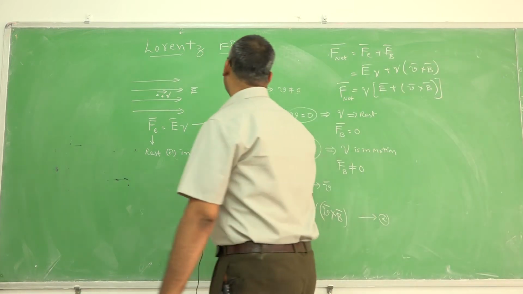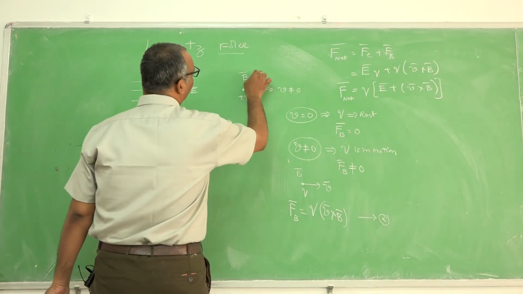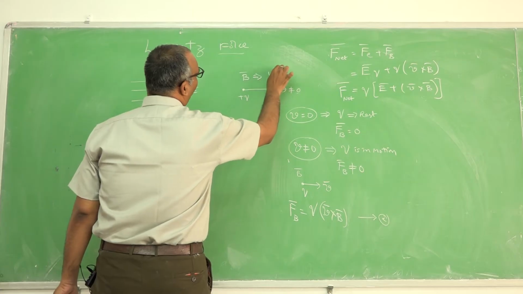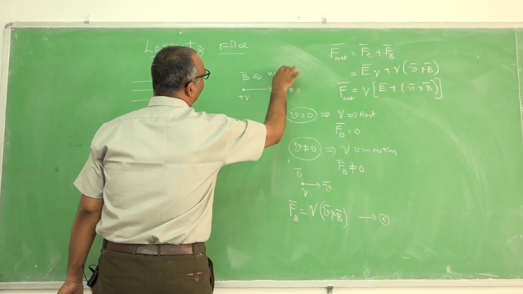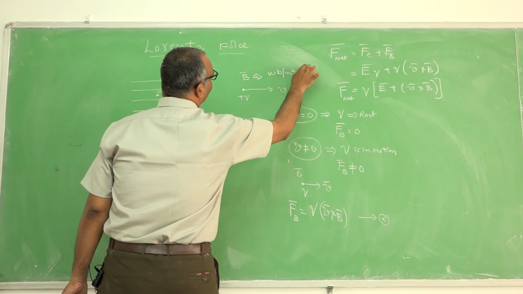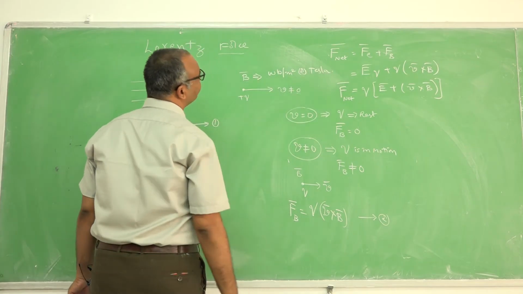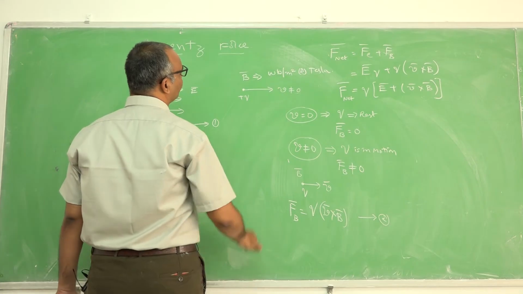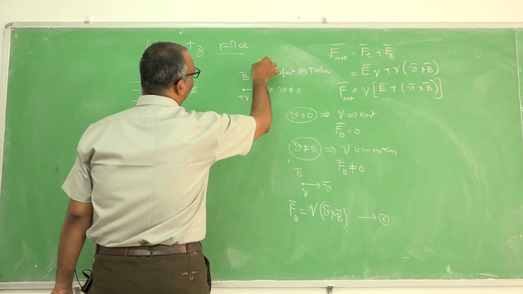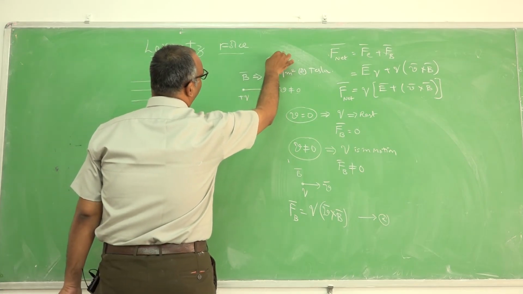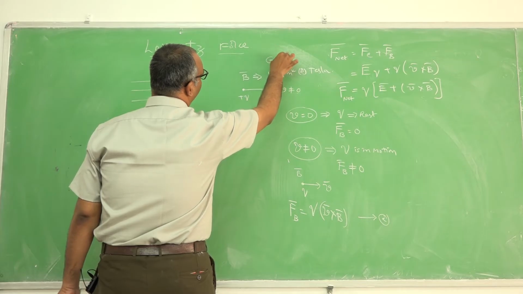You know about B. What are the units of B? Weber per meter square, or Tesla, in the MKS system. In the CGS system, this is measured in Gauss.